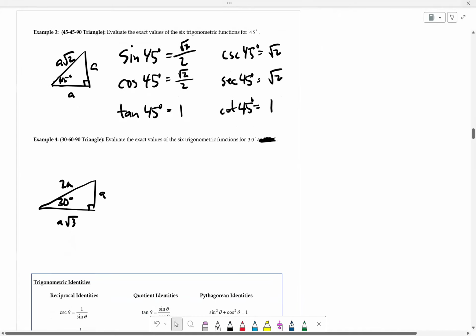Who needs more time, for example? 4. He's just doing 30 degrees. Sure.